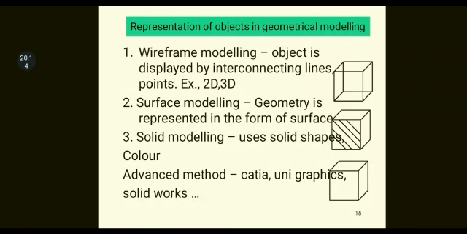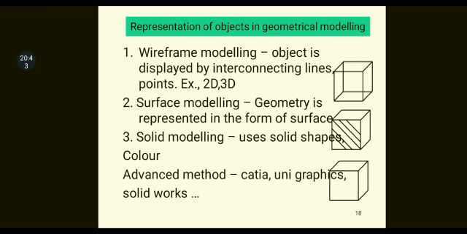The second one is surface modeling. Geometry is represented in the form of a surface. The second figure or the center figure, if you check out, I have shown only the outer lines, and there are some shaded lines, that is 45 degrees hatching, indicating that it's a surface. Top surface is there, right side surface is there, front surface is there.